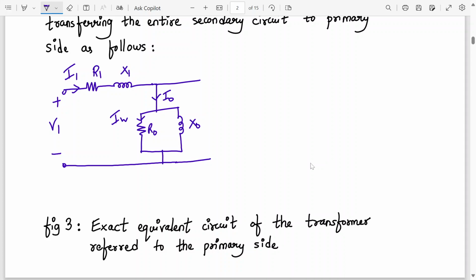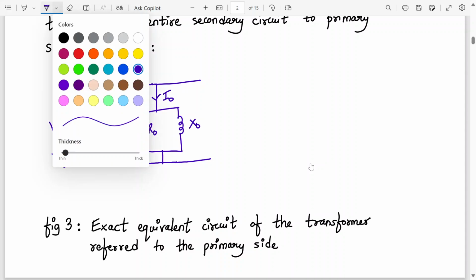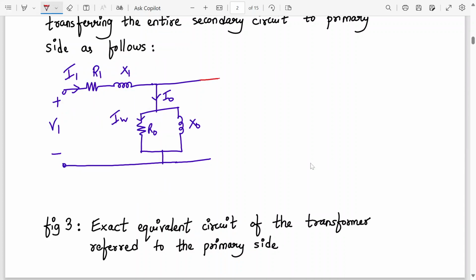Okay, now we have added those components over here. So this is from the secondary side. So from the secondary side we have R2 is called as R2 dash, which is R2 upon K square, and X2 is called as X2 dash, which is X2 upon K square.